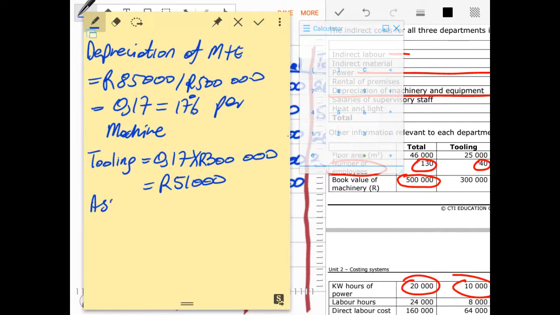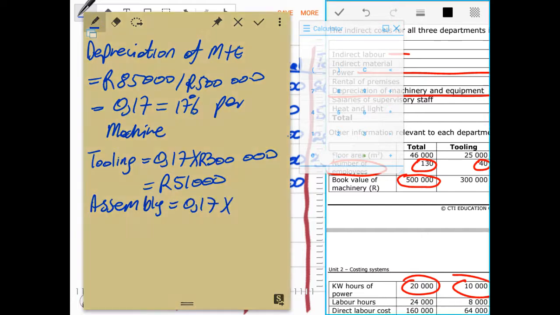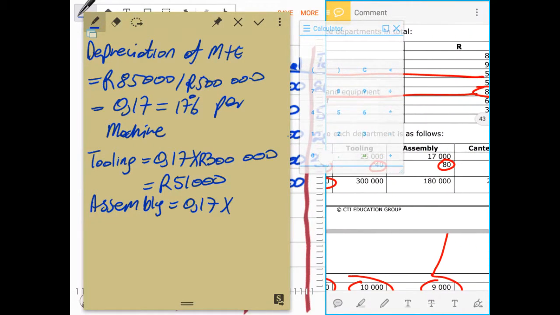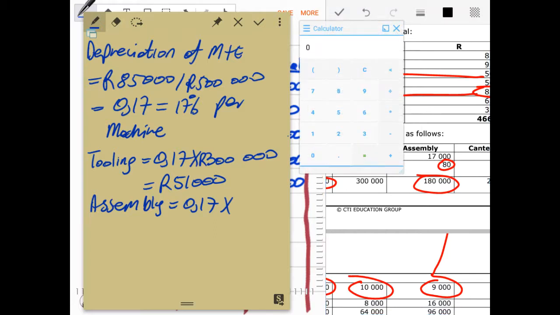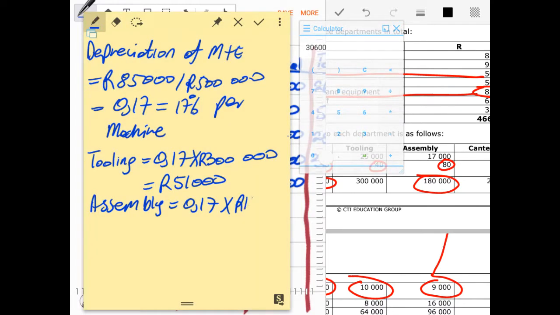Then the assembly department is still 0.17 times the value of the machine in the assembly department, which is 180,000. This gives us 30,600.